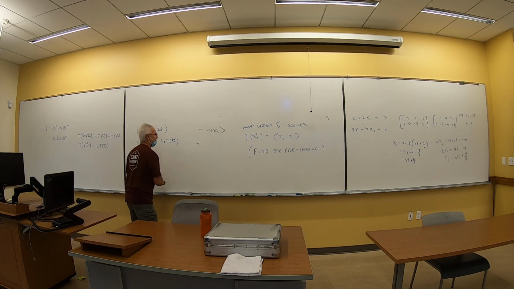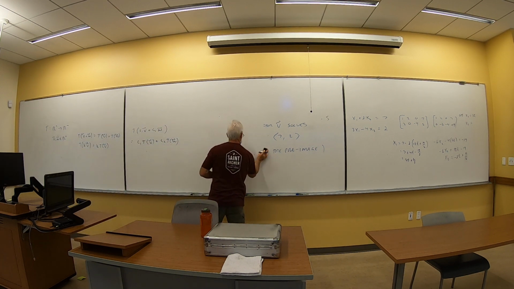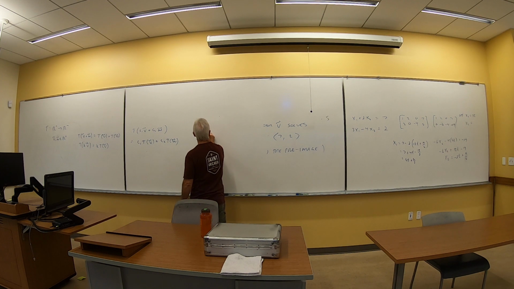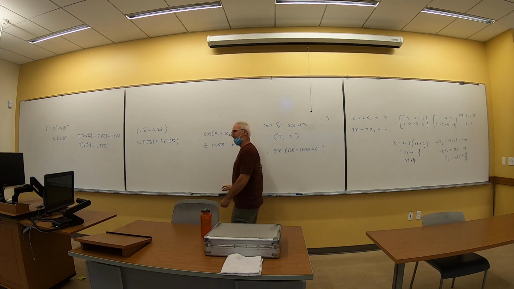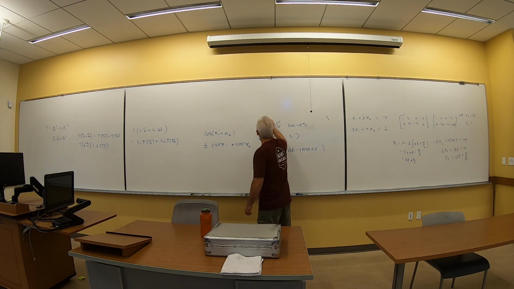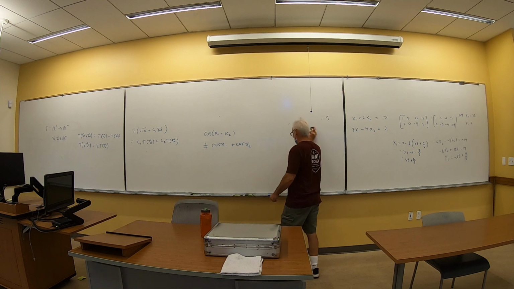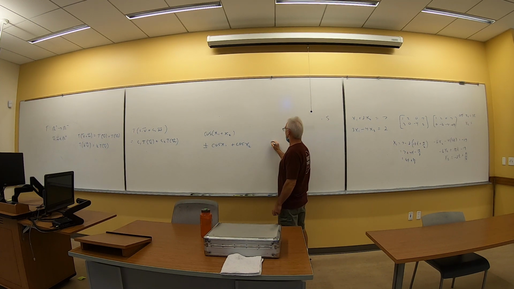No? Oh, wait a minute. So you're telling me if I take the cosine of x1 plus x2, that's not equal to the cosine of x1 plus the cosine of x2? So if I said e to the kx, that's not equal to k e to the x.